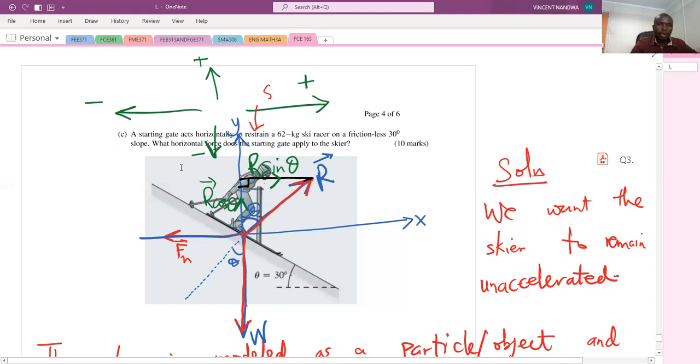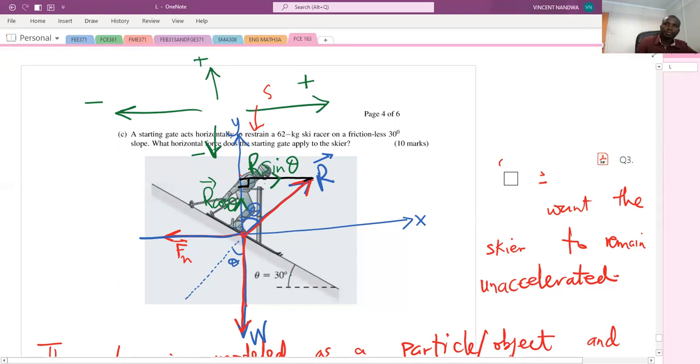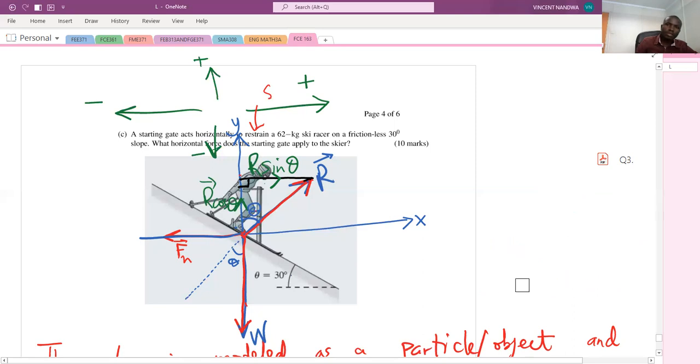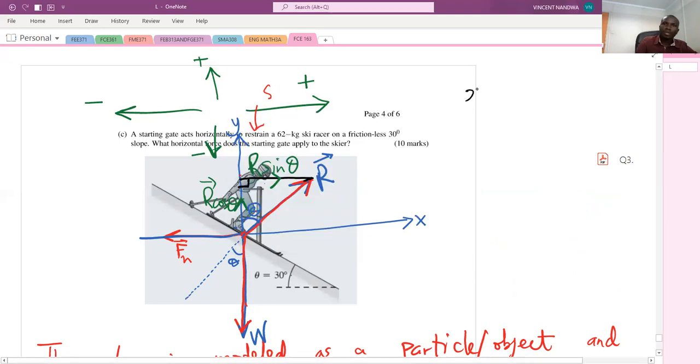So X component, or the horizontal forces on this diagram.